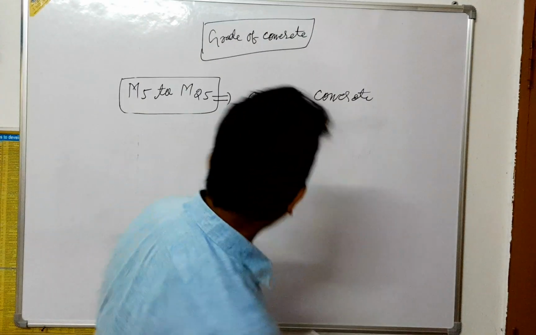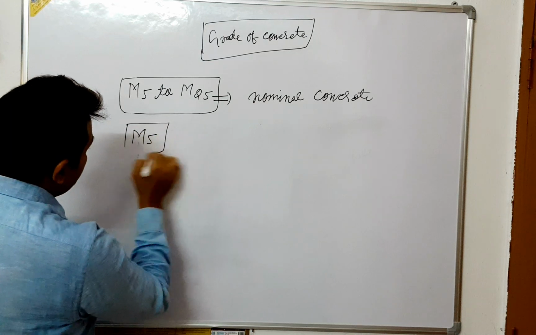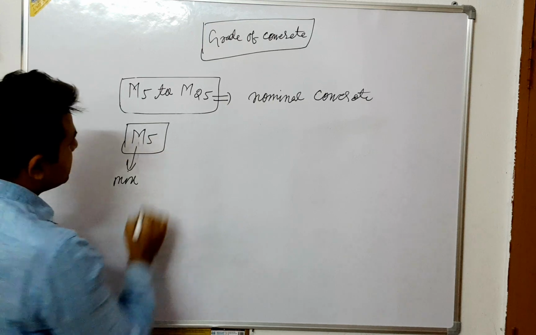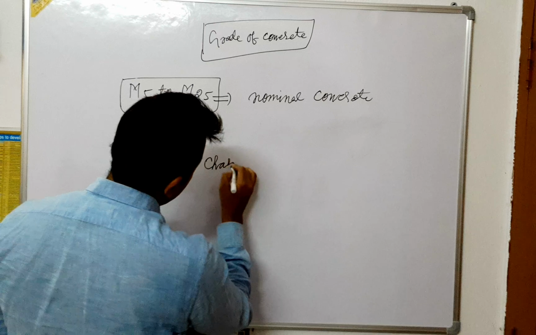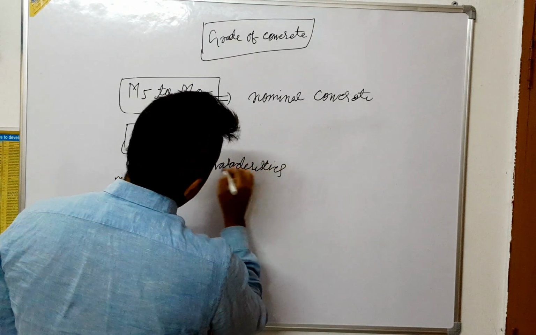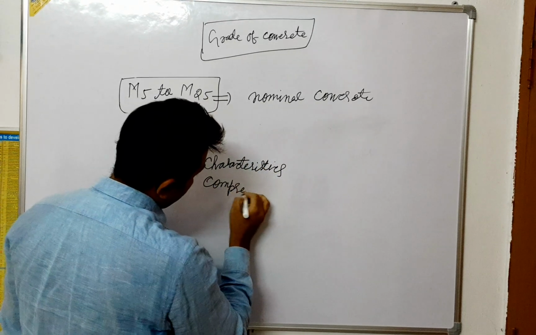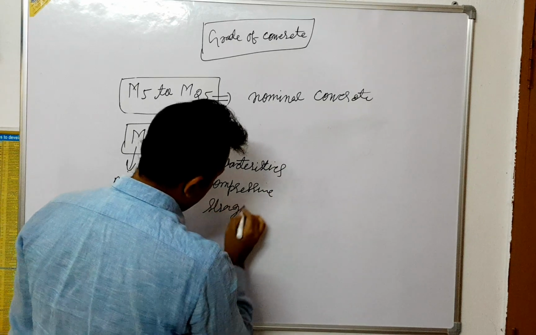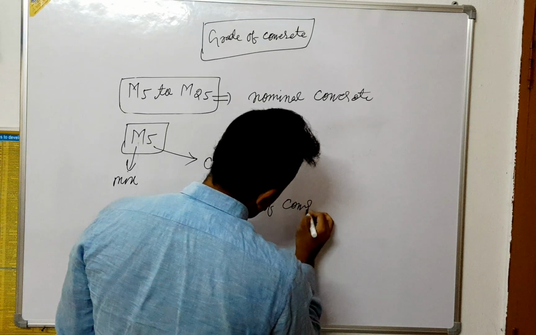See, M5. Already I said that M generally shows the mix and 5 generally shows the characteristic compressive strength of concrete.